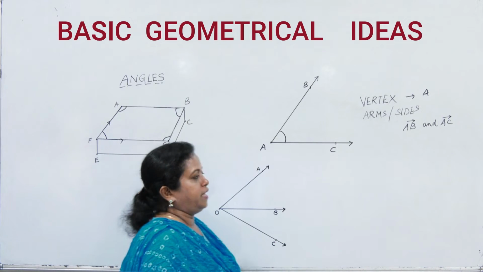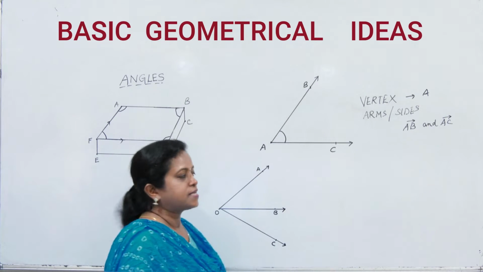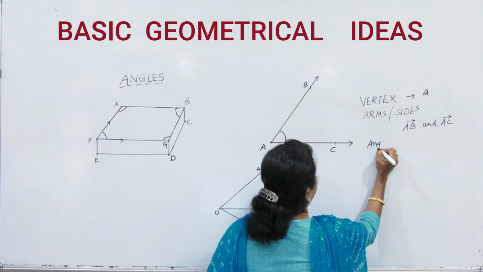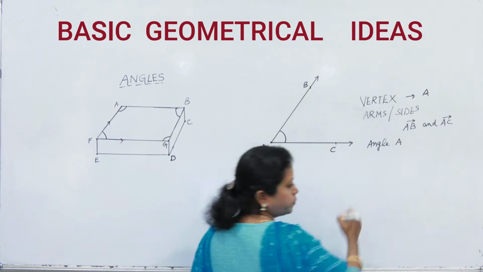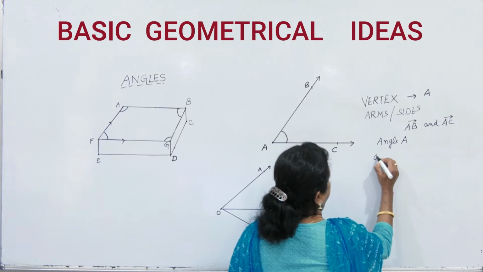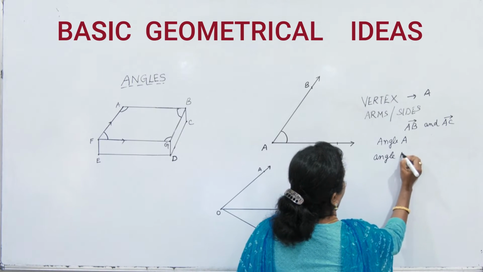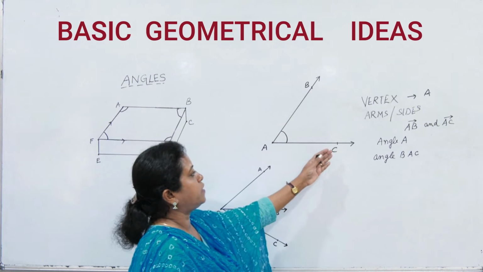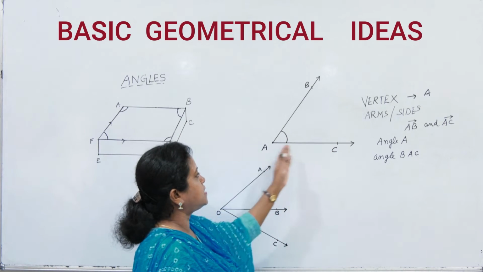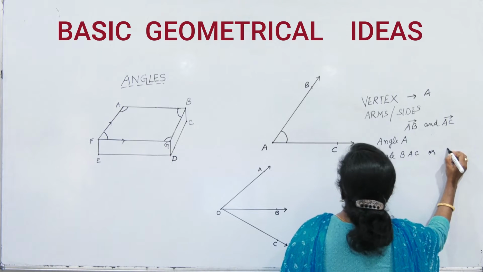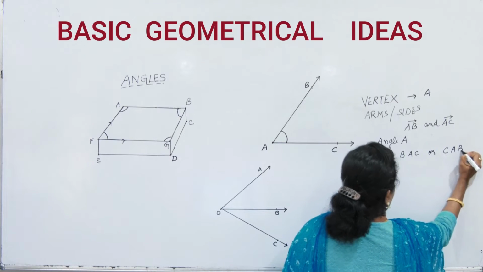This angle can be named either by using the vertex. I can name this angle by writing angle A, or another way is angle BAC. Angle BAC, or it can be written in the reverse order as angle CAB.